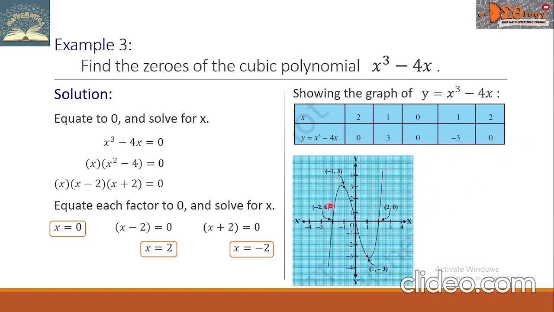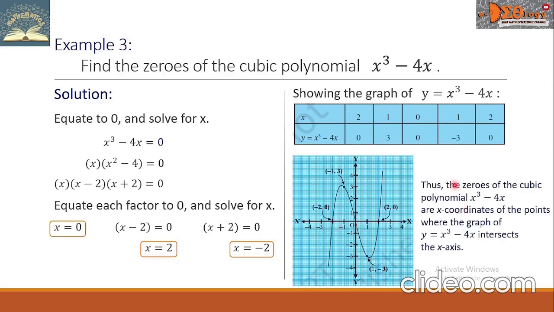The graph intersects the x-axis at 3 points, namely when x equals 2, when x equals 0, and when x equals negative 2. Thus, the zeros of the cubic polynomial x cubed minus 4x are the x-coordinates of the points where the graph of y equals x cubed minus 4x intersects the x-axis.